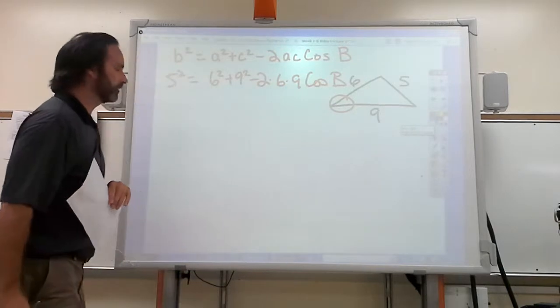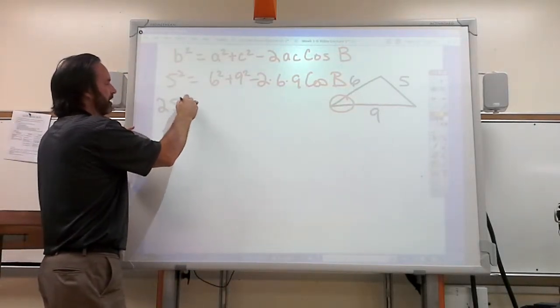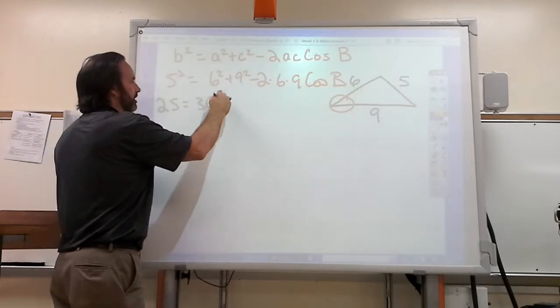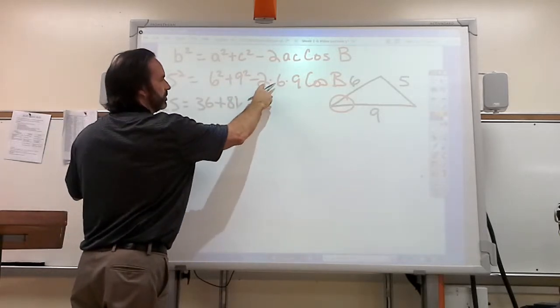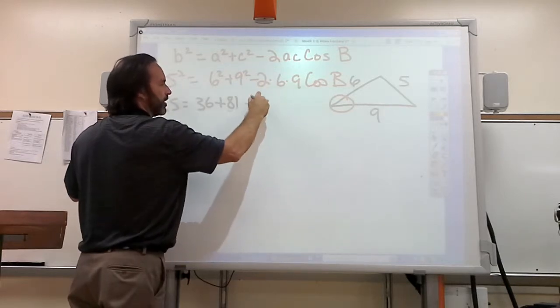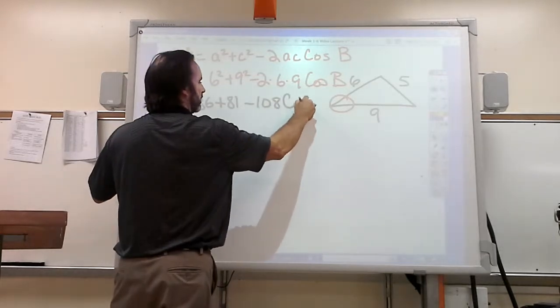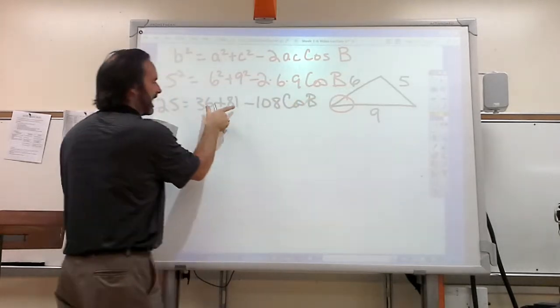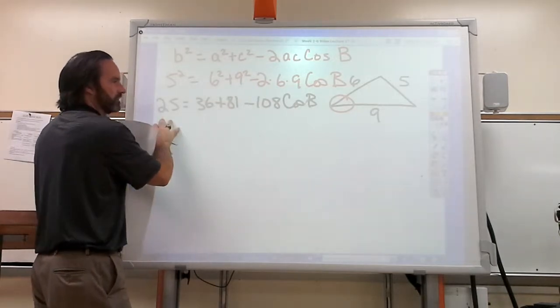Okay? So let's simplify. 5 squared is 25 equals 36 plus 81. And this is 2 times 6 times 9. That's 54 times 2, minus 108 cosine of b. We'll add these two together, and subtract from both sides.